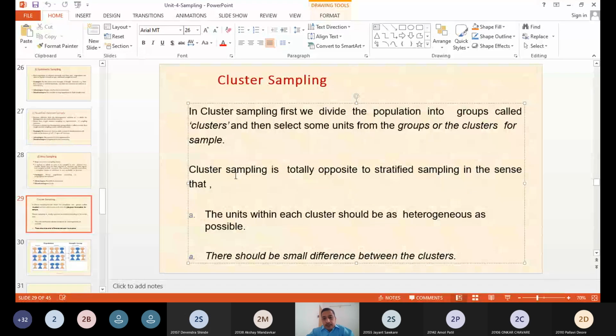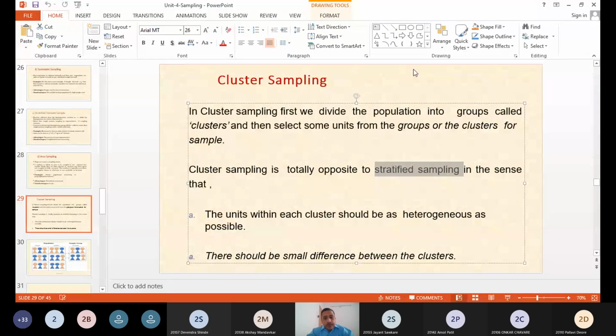Cluster sampling is totally opposite to stratified sampling. In stratified sampling, also, we are preparing some groups. Do you remember what the characteristic of stratified sampling was? We prepare strata, or groups, but these groups are homogeneous in nature.